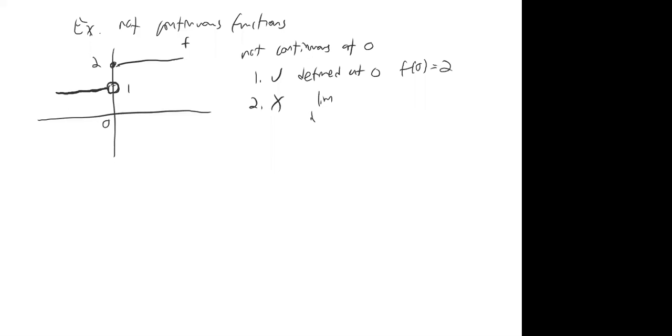If you take the limit as x goes to 0 from the right of f of x, it's 2. Agree? Because I'm approaching from the right. And the limit as x goes to 0 from the left?